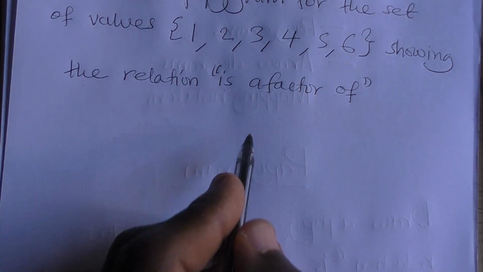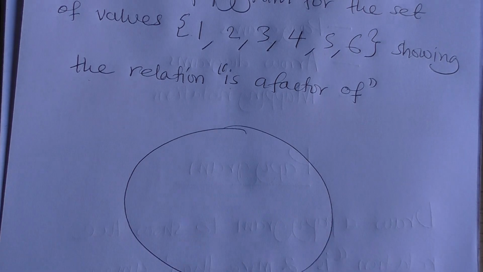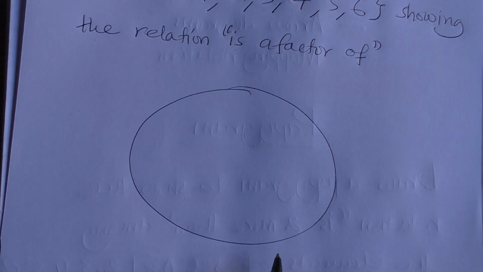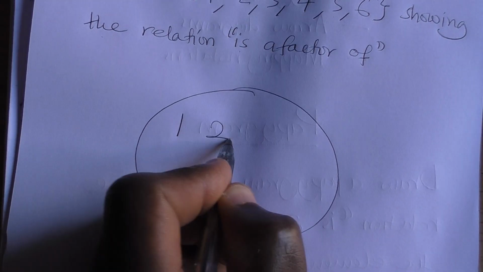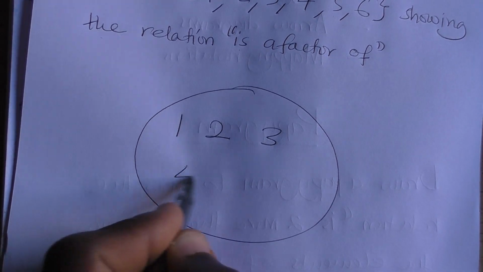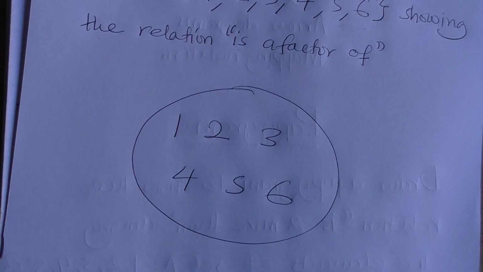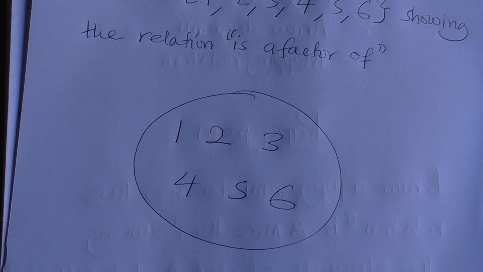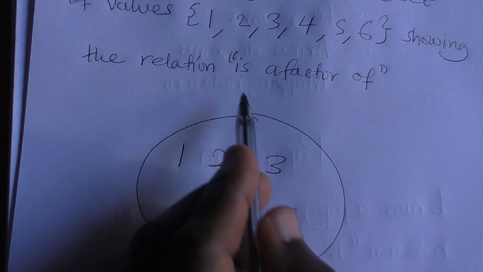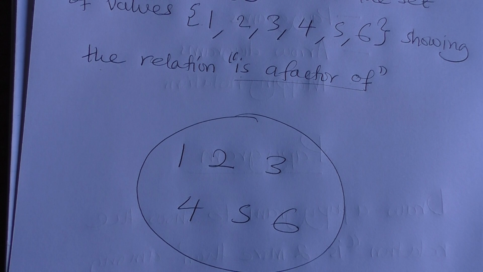We shall draw our parallelogram. List the elements. The relation we are supposed to illustrate is a factor of.